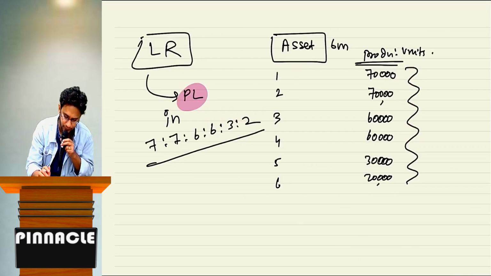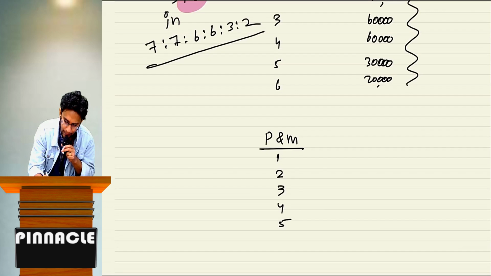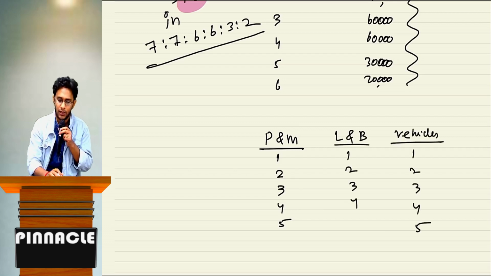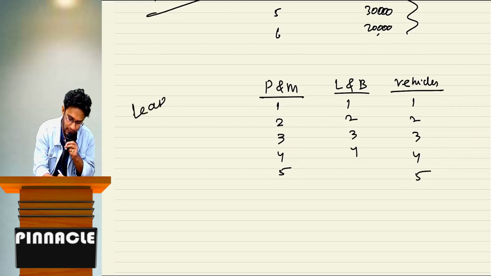For example, you are having plant and machinery 1, 2, 3, 4, 5. You have land and buildings 1, 2, 3, 4. You have vehicles 1, 2, 3, 4, 5. Imagine temporarily that for all these assets, lease period does not exceed 12 months.